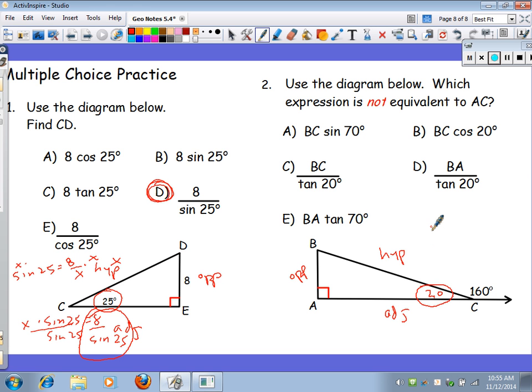So tangent of 20 equals the opposite over the adjacent, AB over AC. And we want to get AC by itself. So if we multiply both sides by AC and then divide by the tangent of 20, these cancel out.